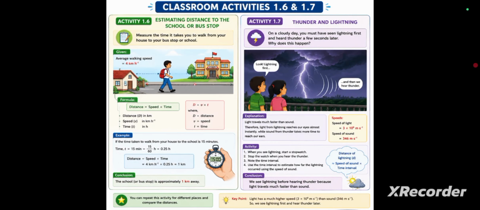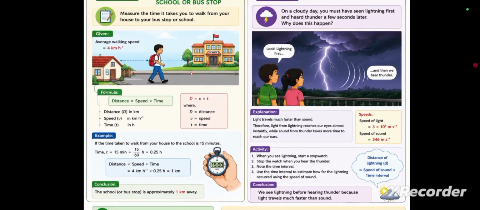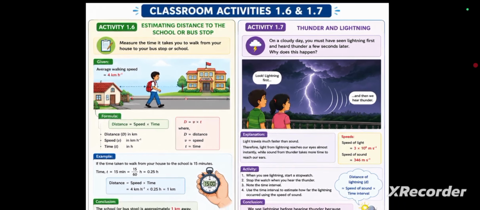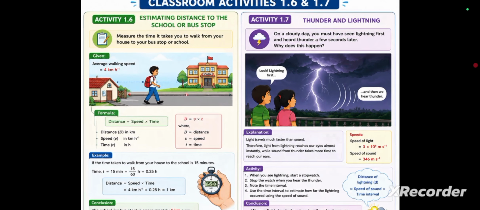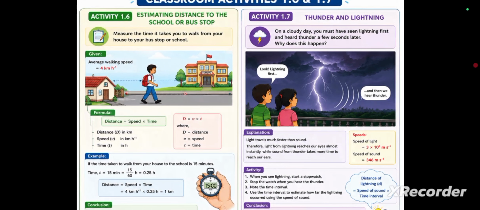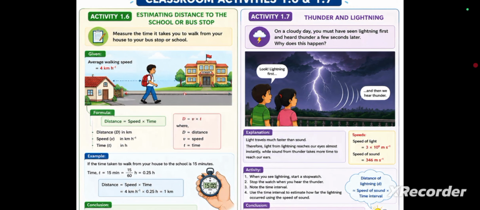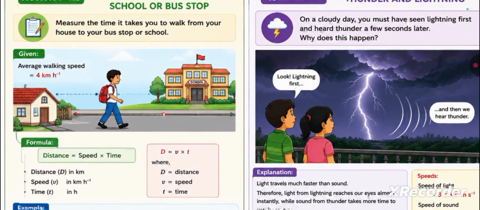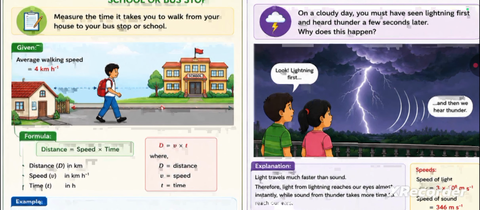Now we have to learn some activities in the classroom. First, activity 1.6, estimating distance to the school or bus stop. Now we are given a boy walking from home to school.